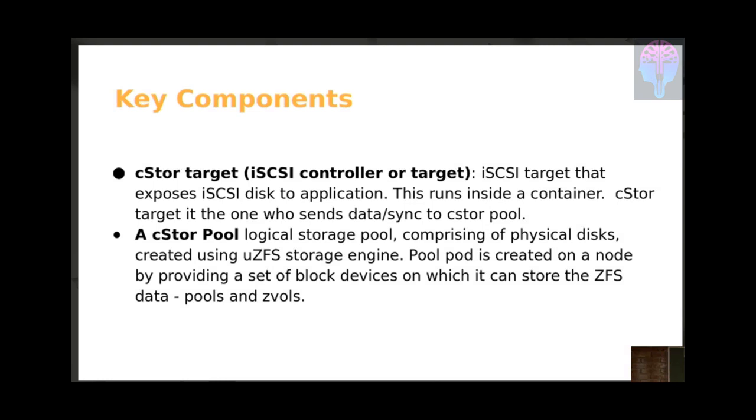As I told you, the iSCSI initiator should be running on the node where the stateful application is running. So it's the work of the target to expose that disk to the application so that the application can write on the device. It also runs as a container, and it's also used to send the data and to sync. What I mean by syncing is that every replica should have the same data.